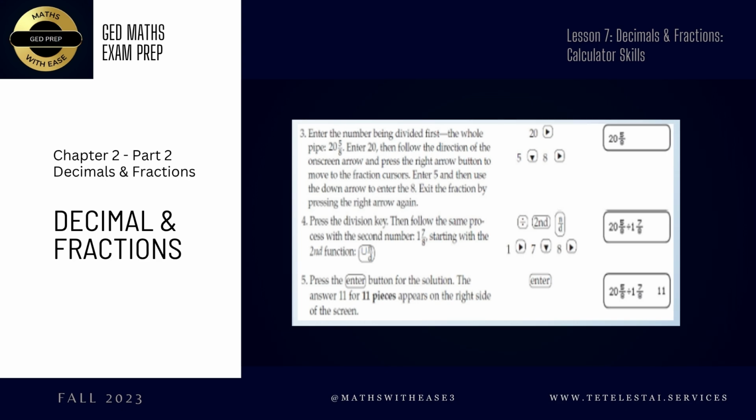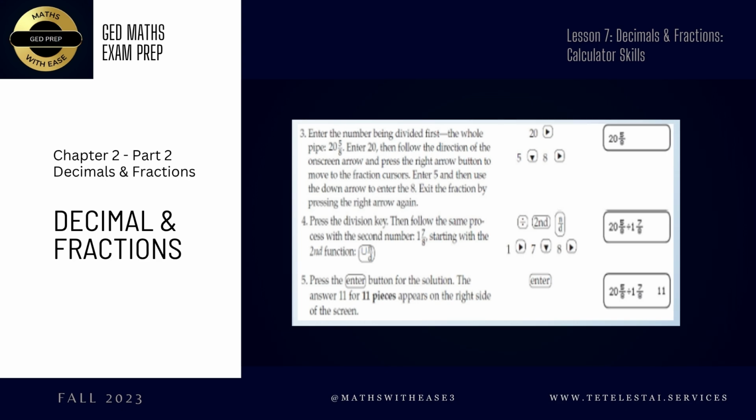Then you press the right arrow so that you can access your numerator, enter the number 7, press the down arrow so that you can access your denominator, enter the number 8, then press the right arrow to indicate that you're done with all your entries, and also just so that you don't enter another number accidentally, and then press enter. And your answer will show on the right-hand side of your display.